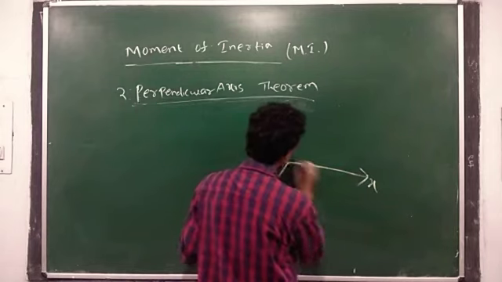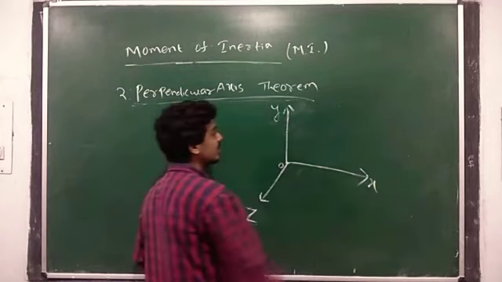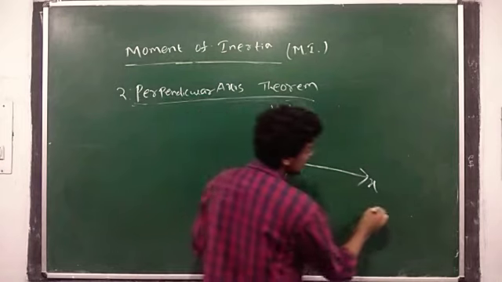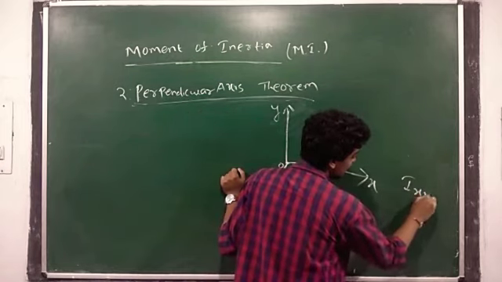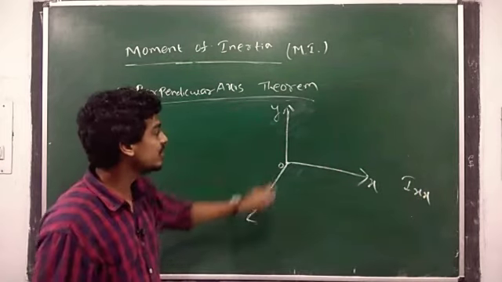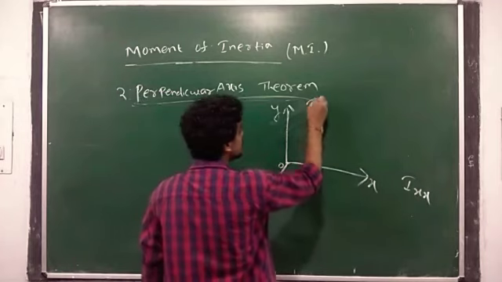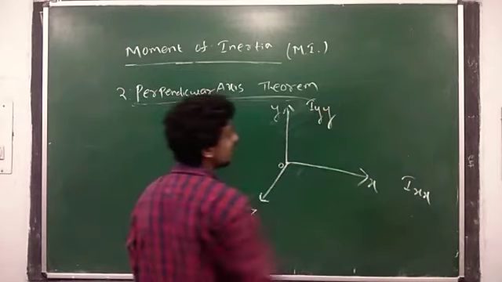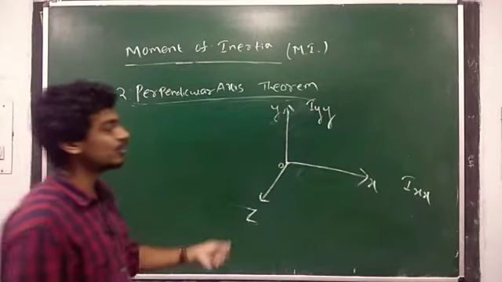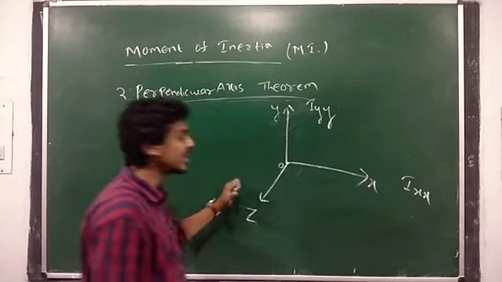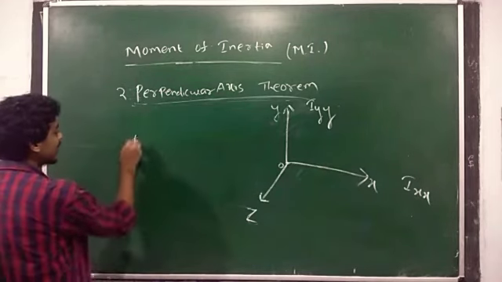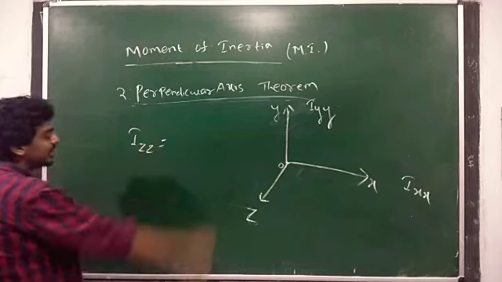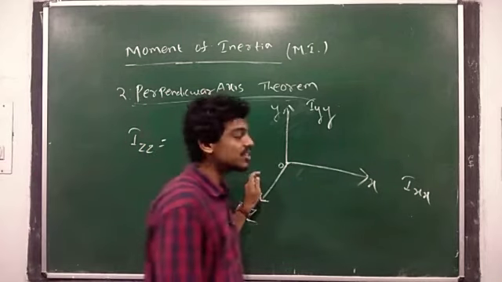So these three directions we already noted here. Suppose the moment of inertia about the x direction is Ixx and the moment of inertia about the y direction is Iyy. So if someone asks to calculate the moment of inertia about another axis, suppose Izz, in that case the parallel axis theorem will not work.